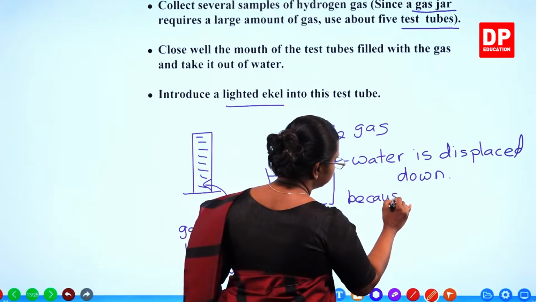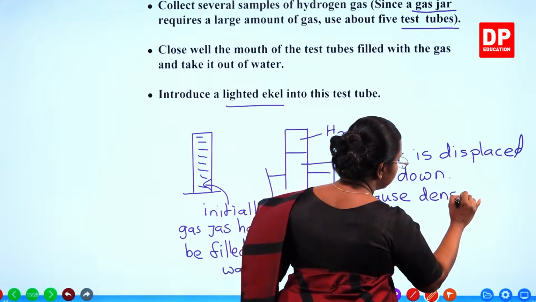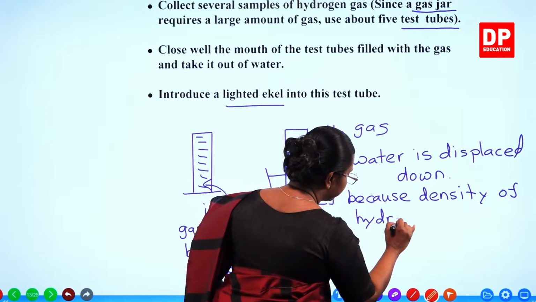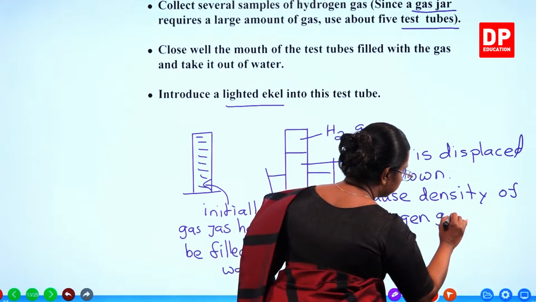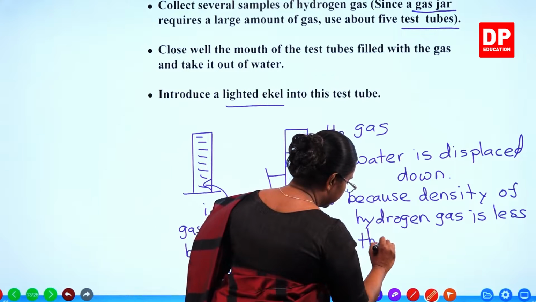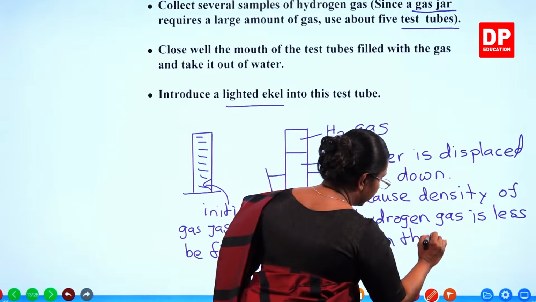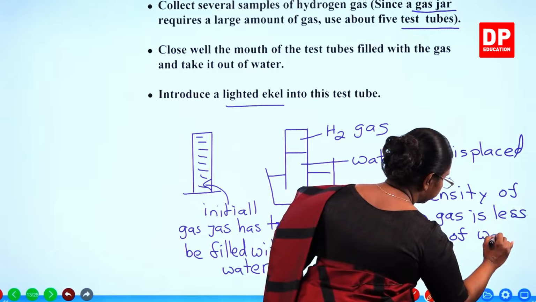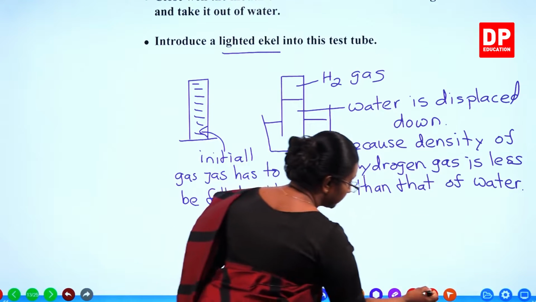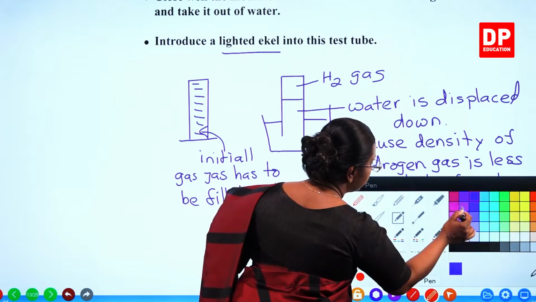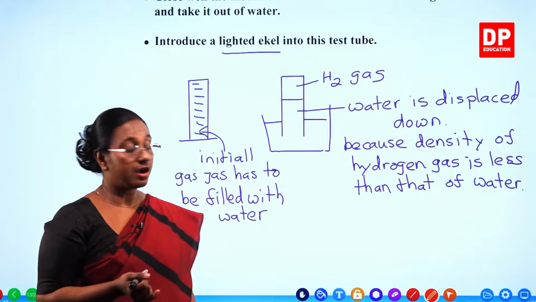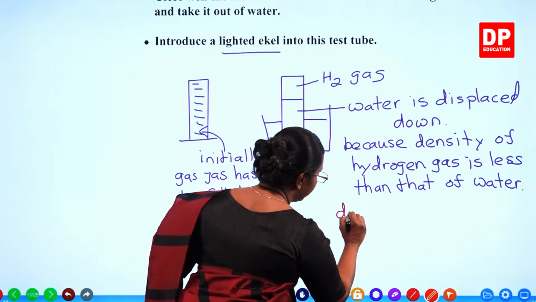Because the density of hydrogen gas is less than that of water. So because of that, what is the name given to this process, students? I told you all, water is displaced down. Downward displacement of water.